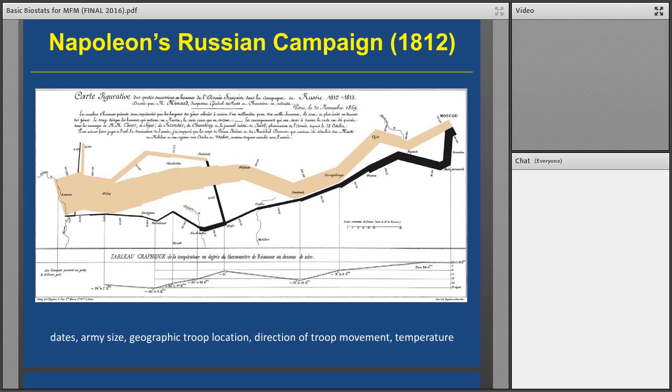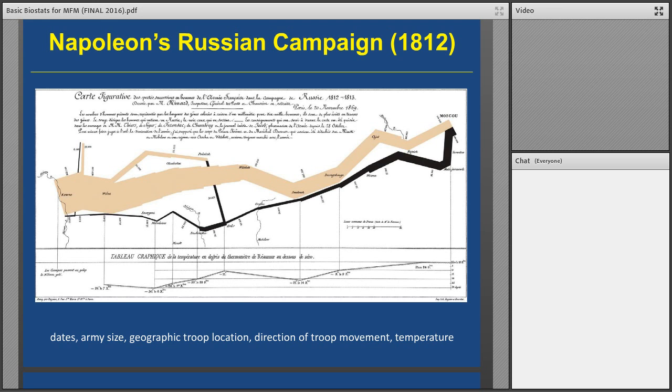And he gets to Moscow in the winter of 1812, and he's forced to turn around because his troop size diminished so greatly. And then along the bottom is a graph of the temperature. So on this one graphic, we have dates, army size, geographic troop location, the direction of troop movement, and temperature. And it's very descriptive to why this failed and what Napoleon was left over with at the end on his retreat, with the retreats in black.